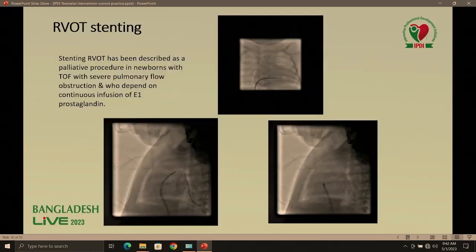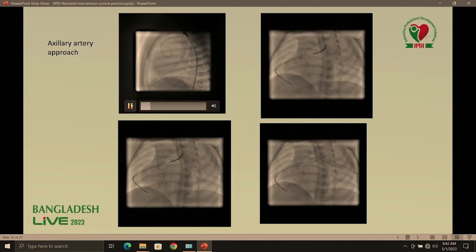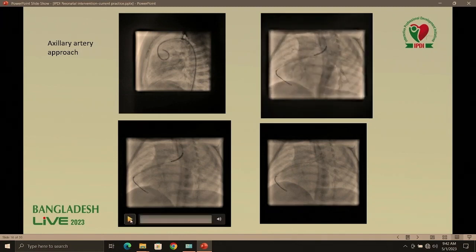Mostly now we are using the axillary artery approach, where we take either the left or right subclavian axillary artery, and for the vertical duct this approach is applicable nicely.